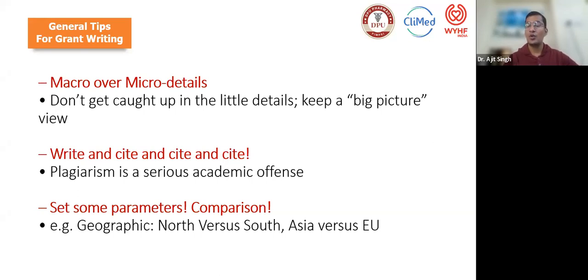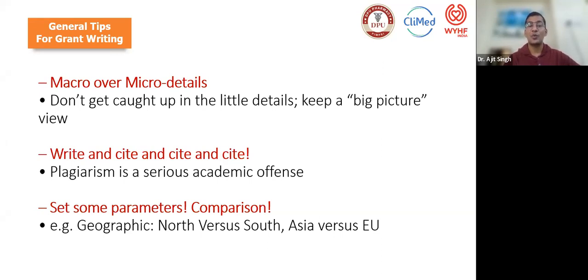You should not write these things from your own mind. Your hypothesis could be your words, what you are thinking out of this project. Your concept would be yours, and execution would be yours. That doesn't need to be cited. But when you're writing the review of literature and justifications, it must be cited line by line.